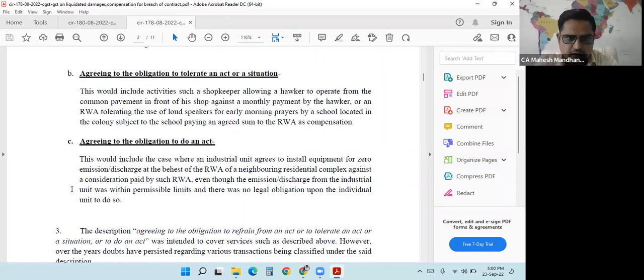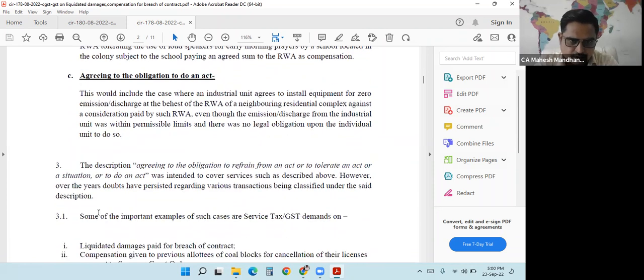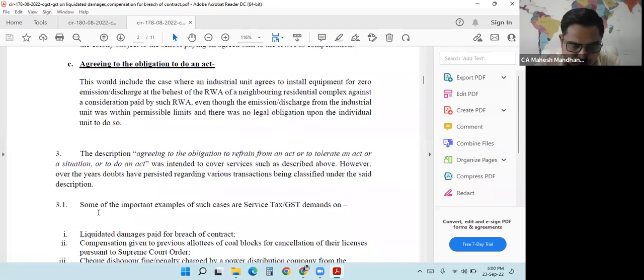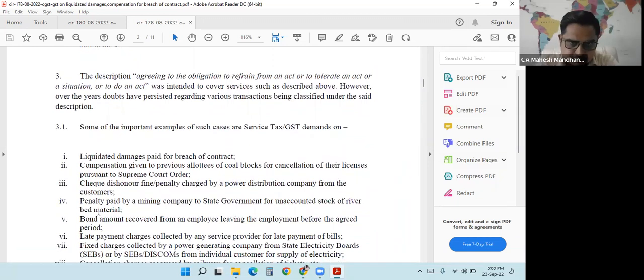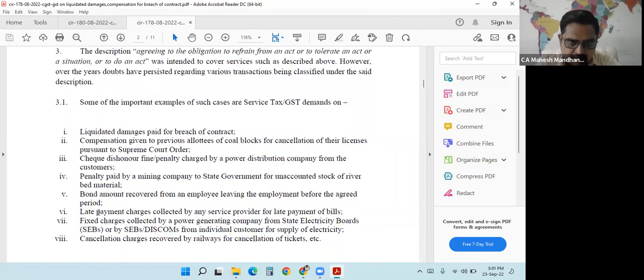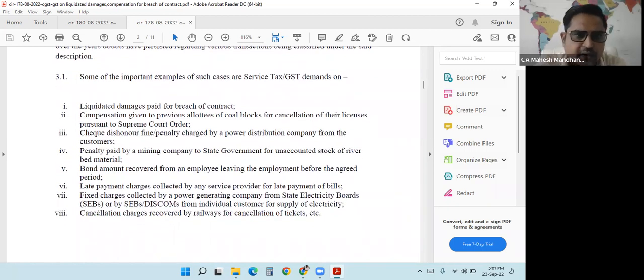Certain examples are given. Now, making further analysis, the circular says, what will happen in case of liquidated damages paid for breach of contract. Various examples are given. The most common examples are liquidated damages in our day-to-day business.